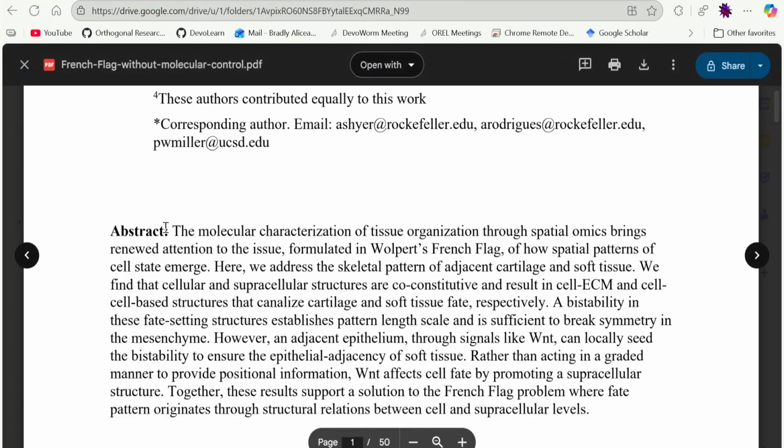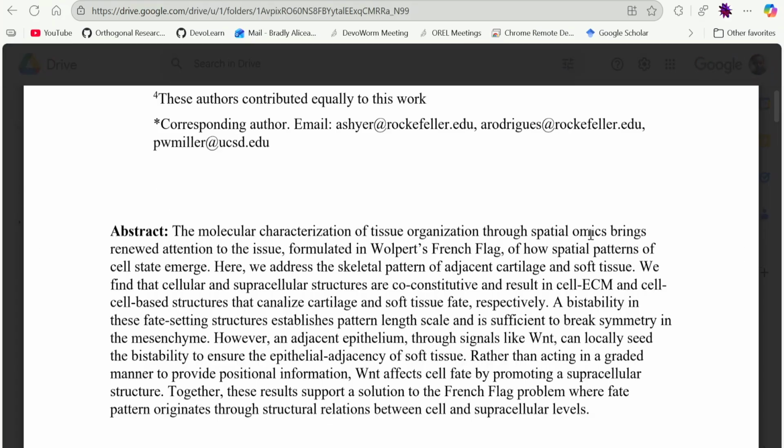So the abstract reads, the molecular characterization of tissue organization through spatial omics. They're characterizing things through spatial transcriptomics, or spatial proteomic approaches, where you get local information, sometimes single cell information, and it tells you something about that process because different cells represent different points in space.